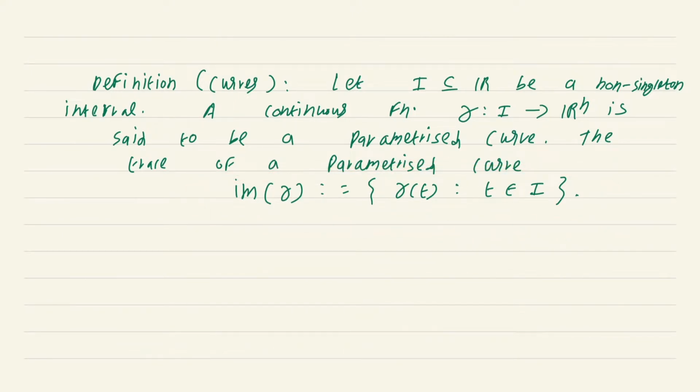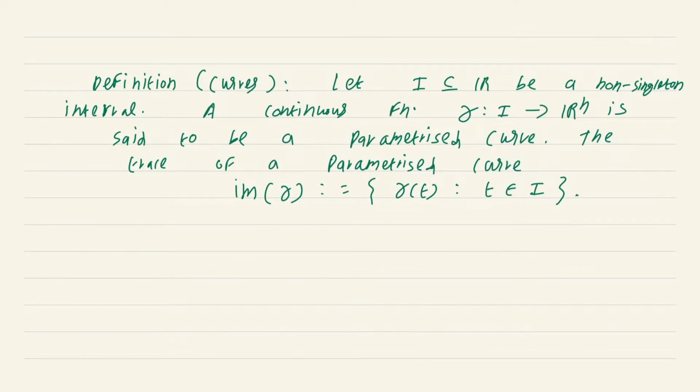For the purposes of these set of videos, it is important to distinguish between a parametrized curve and its trace. Often when we speak of the trace, we will call it a curve, but whenever we are in proofs, a curve henceforth always means a function gamma from I to R^n. So this is crucial.